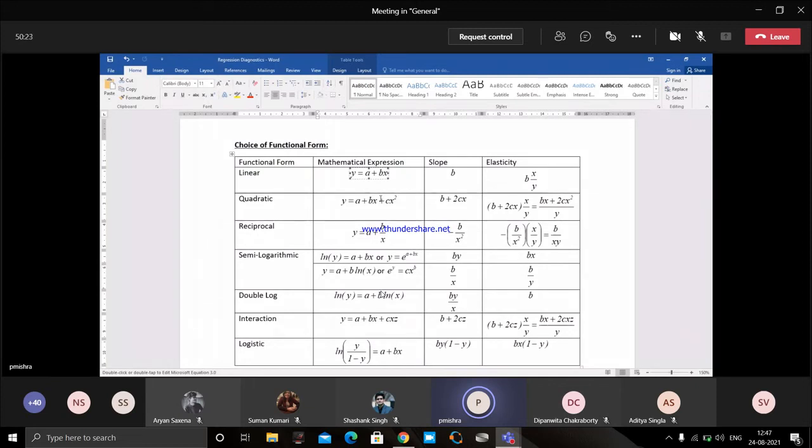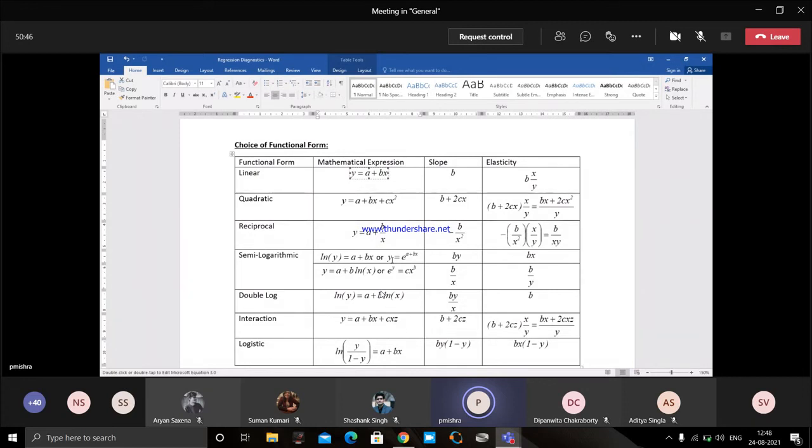Another example, this semi-logarithmic function, I'll focus a bit on this, particularly when I go for application of this part in practice. I'll discuss about estimation of growth rate.